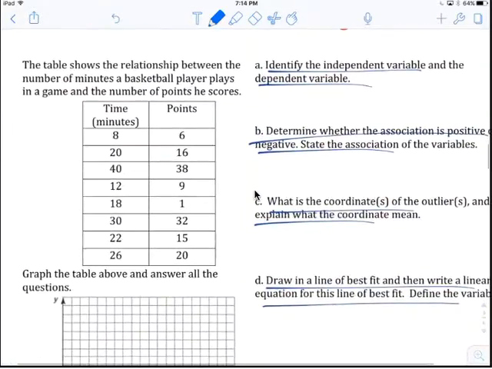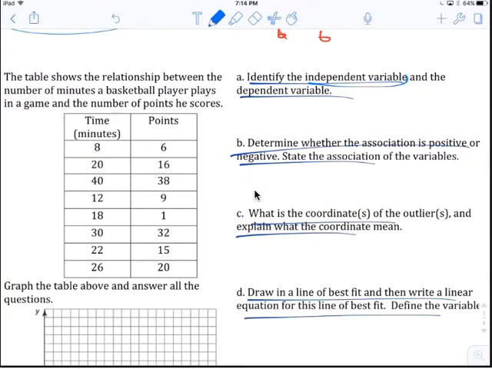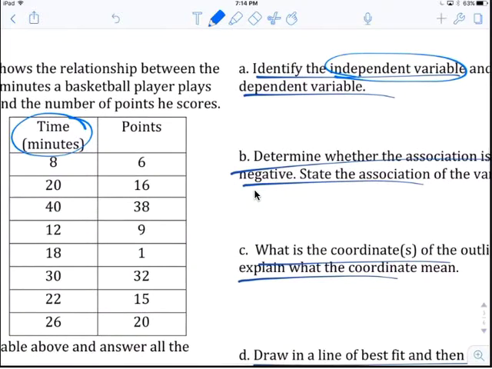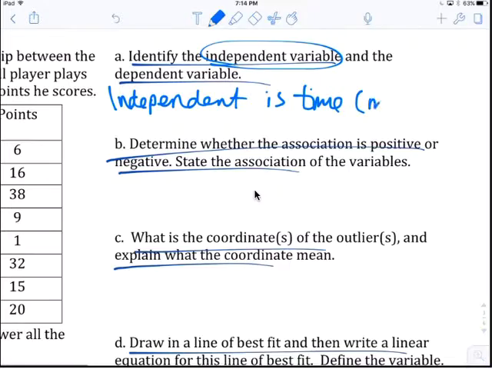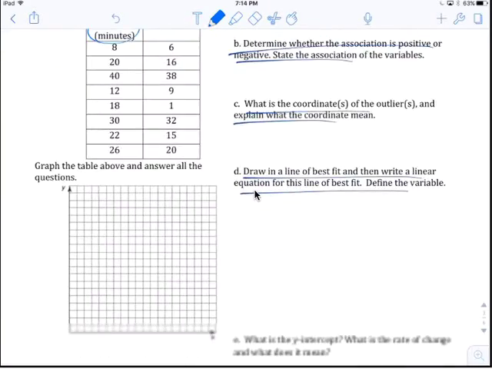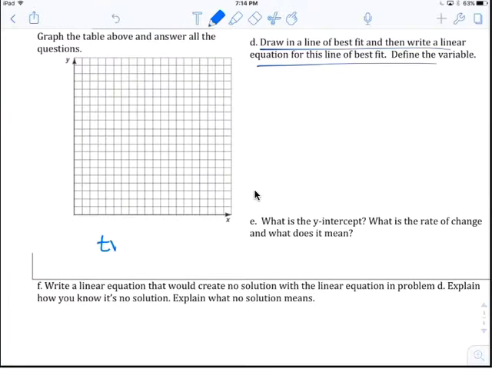Okay, now identify the independent variable. Obviously it's time in minutes. So you put time here in minutes.